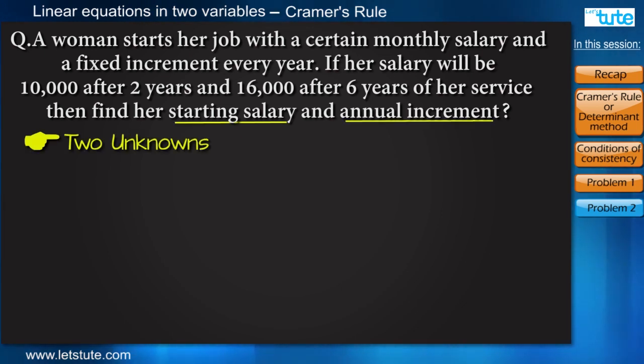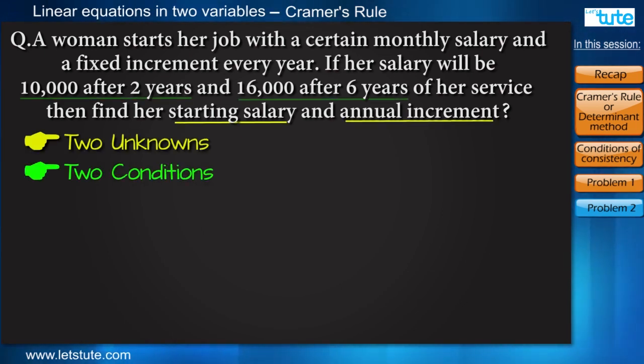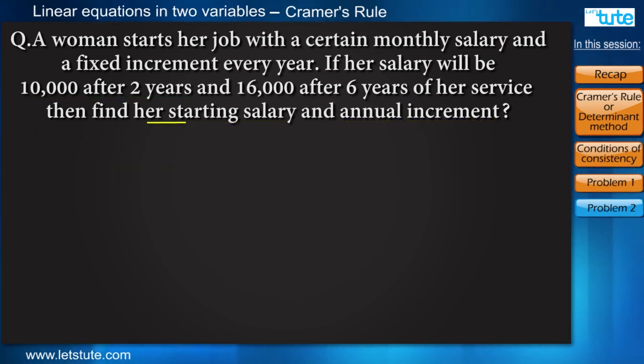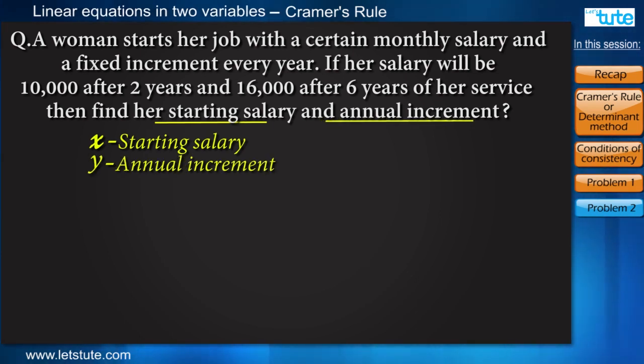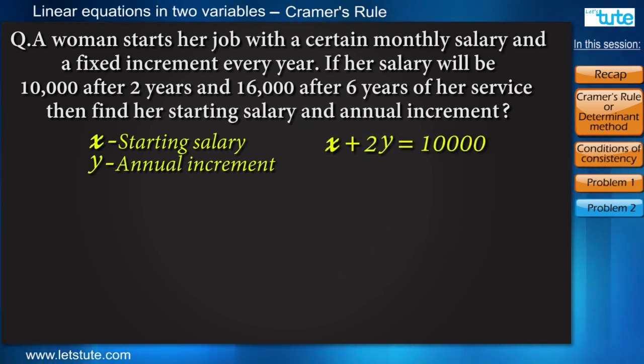Firstly, there are two unknowns and two conditions, which means we will get two equations based on the two conditions with two unknown variables, right? So let's take her starting salary to be x and the annual increment y. So we can make two equations out of the situation as x plus 2y equal to 10,000 and x plus 6y equal to 16,000.